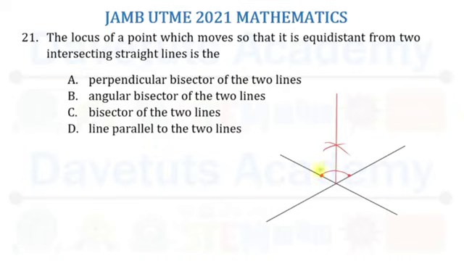So for this, what we notice is that the distance from here to here, and from here to here, will be equidistant from each point of the two lines that we have drawn before. So inherently, this option B defines our answer: the locus of the point that moves such that it is equidistant from the two lines is the angular bisector of those two lines. So option B is the correct answer here.